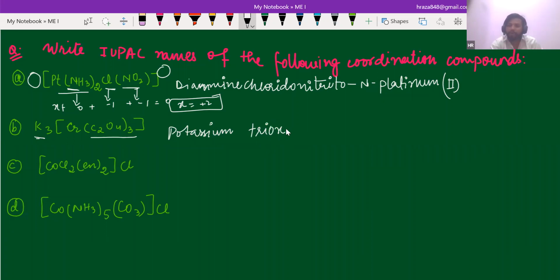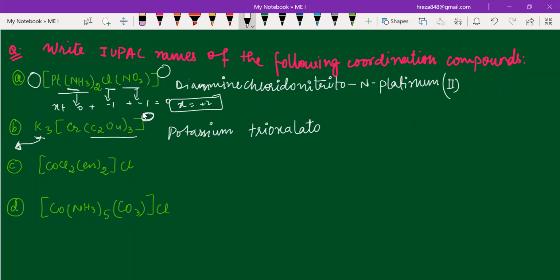So I'm going to write oxalate. I remember it is an anionic ligand, so the name ends with O: oxalato. Now, if you remove this positive counter ion, there will be negative charge. Yes or no? Yes, sir.